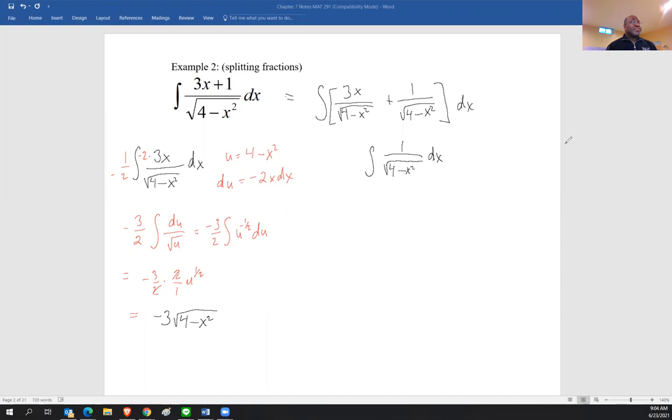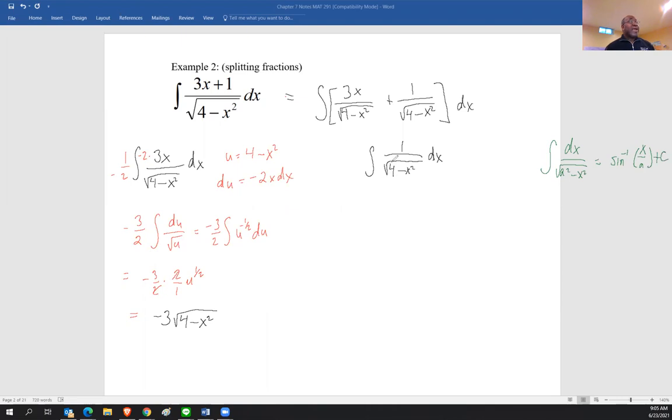So the general formula here for the inverse sine, if you have dx over the square root of a squared minus x squared, that's going to be equal to the inverse sine of x over a plus c.